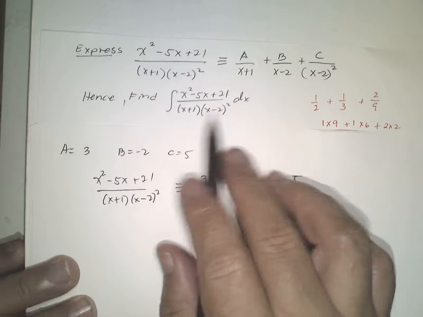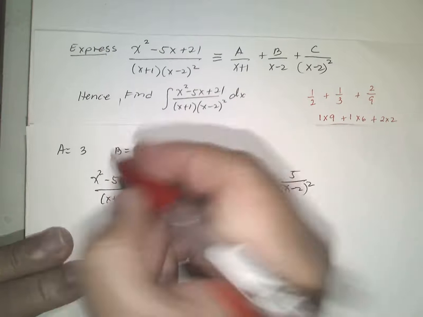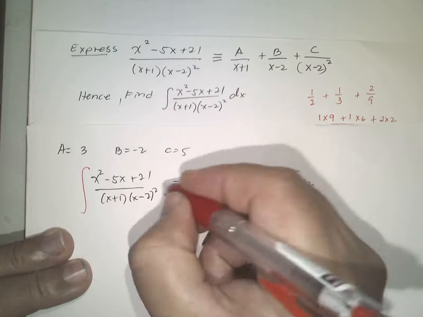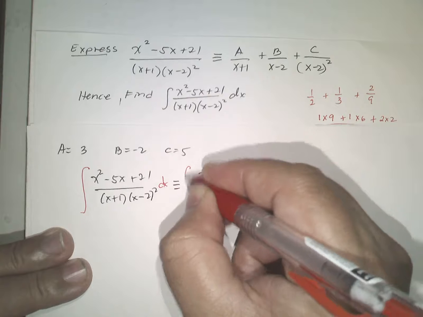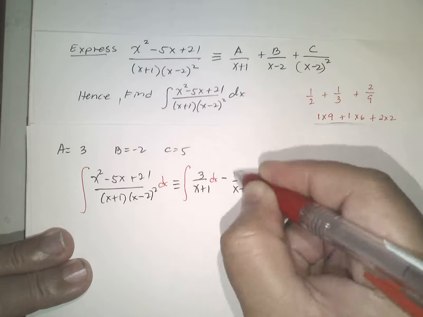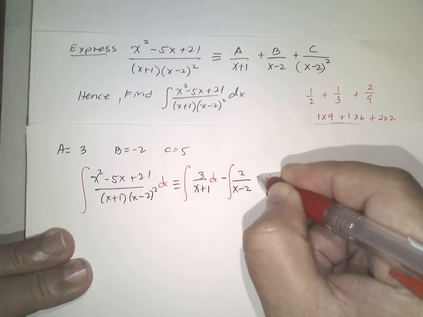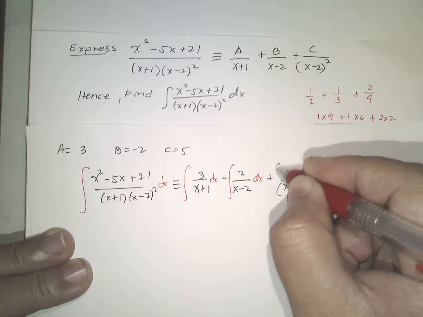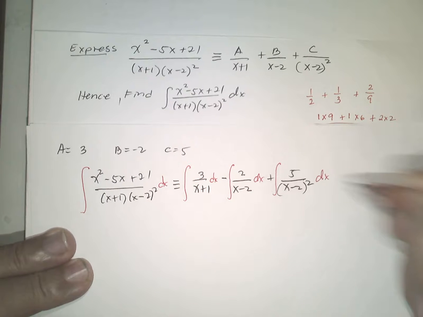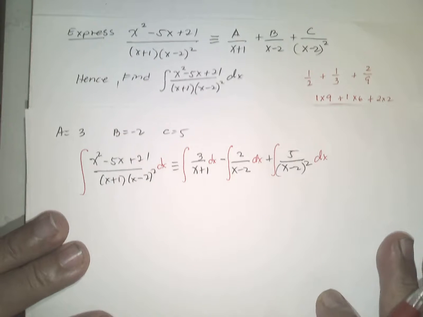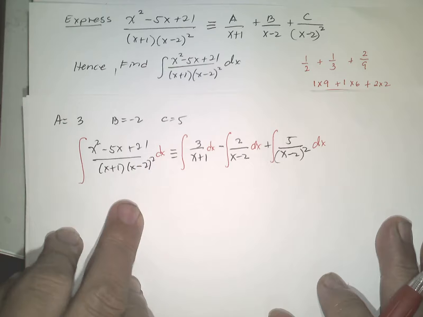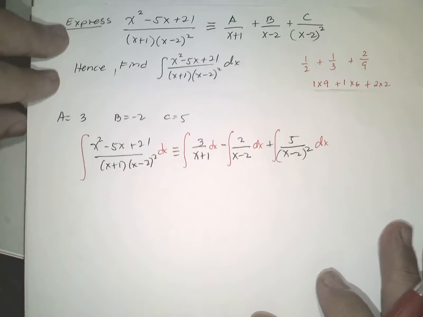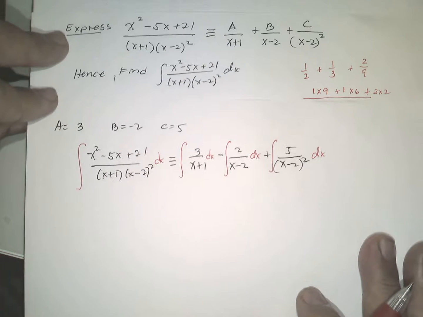Hence, find the integral of this. So all we just need to do is to take the integral of this part, that part, and that part with x. Actually, the integration here is very easy. The only confusing part is the simplification using algebra.